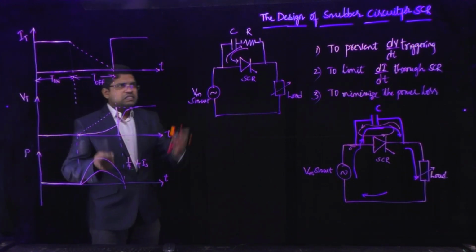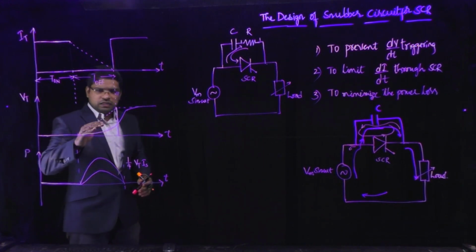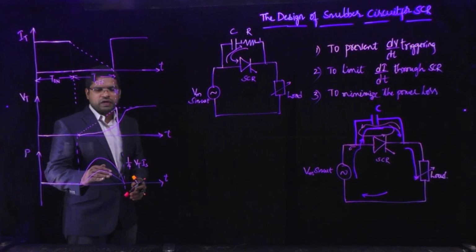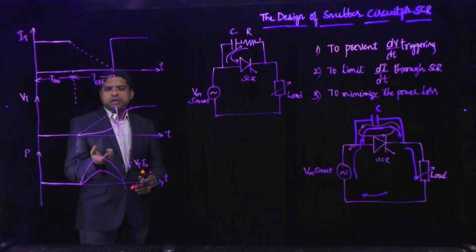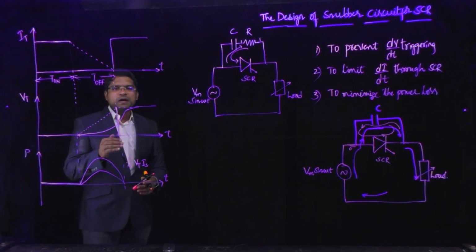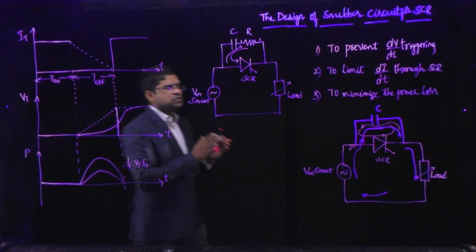Because of the snubber circuit, the rate of change of voltage across the SCR is minimized, which minimizes the power dissipation across the SCR. This is also known as the minimization of power loss during the switching operation of an SCR.